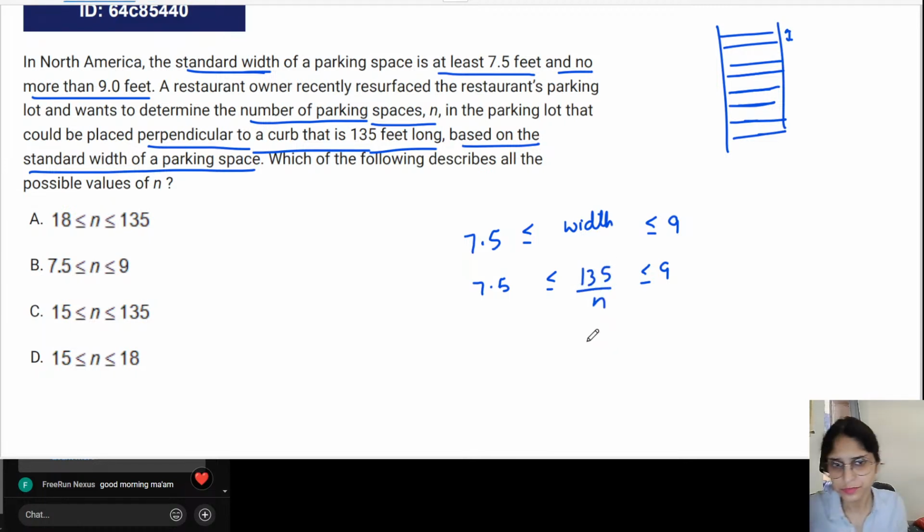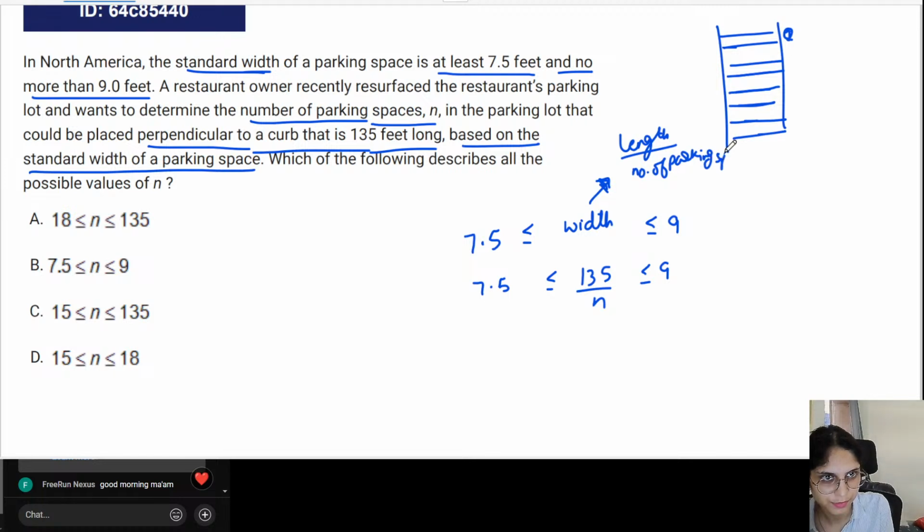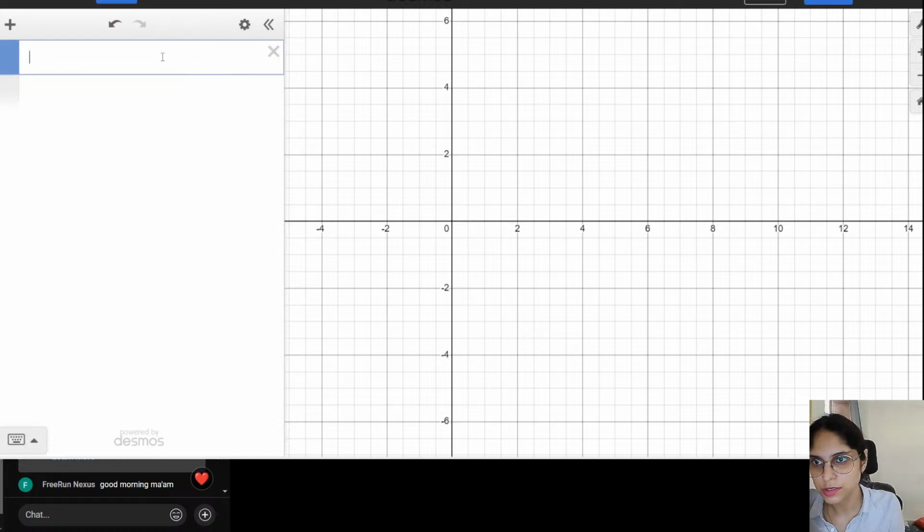Yeah, because you have the entire length and these are the number of cars. So width is going to be length divided by number of parking spaces. Now just take reciprocal on both sides, or let's see if we can directly put this in Desmos and get our answer.